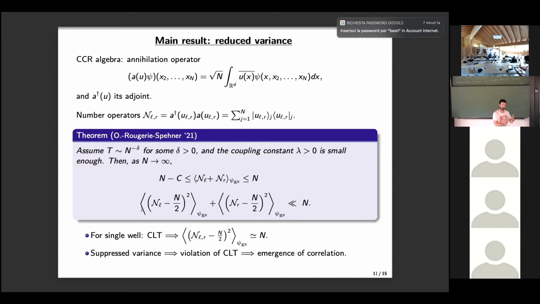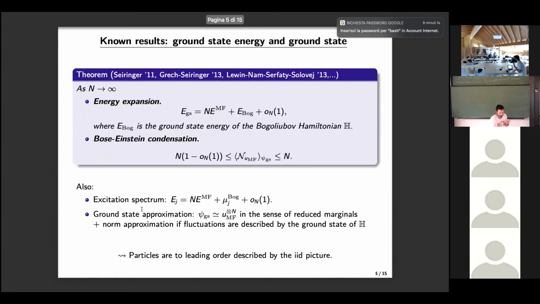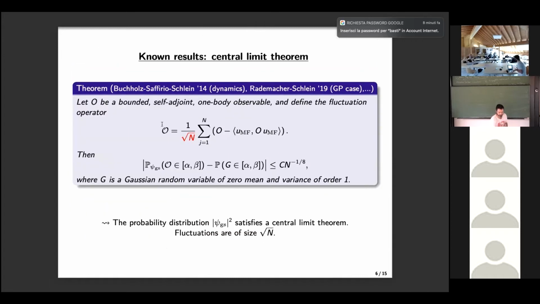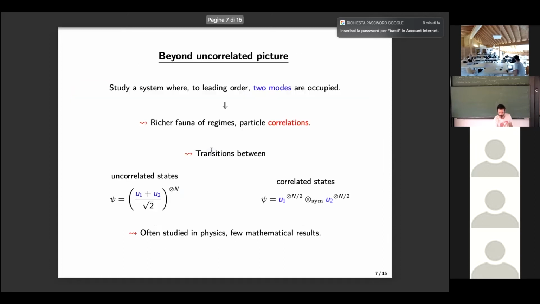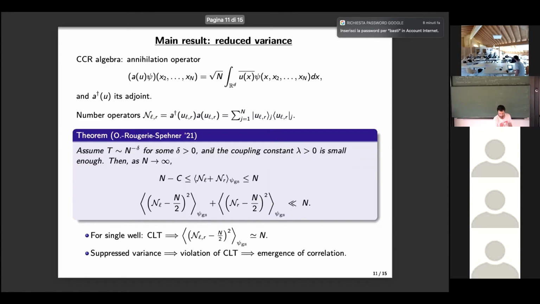Now we know that in the single well setting, if L is fixed, expectations of this type should be of order n. This is somehow implied by this result. What I'm looking at is somehow a square of an expectation of this type. So since I should compute the square of the square root of n, I should have that the expectation is n.